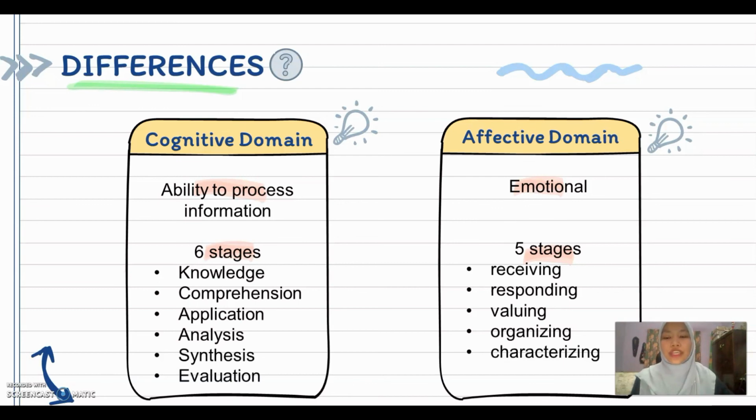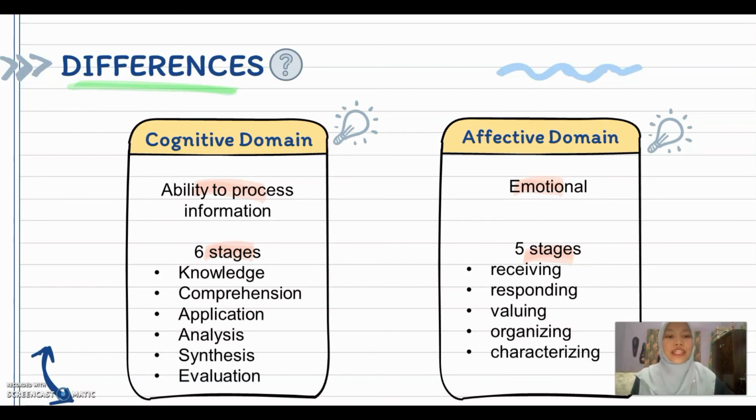We can differentiate these two domains in that the cognitive domain is more about the person's ability to process information, which is most related to the brain system, while the affective domain is more about the person's emotions, what the student thinks and feels. The cognitive domain has 6 stages: knowledge, comprehension, application, analysis, synthesis, and evaluation.